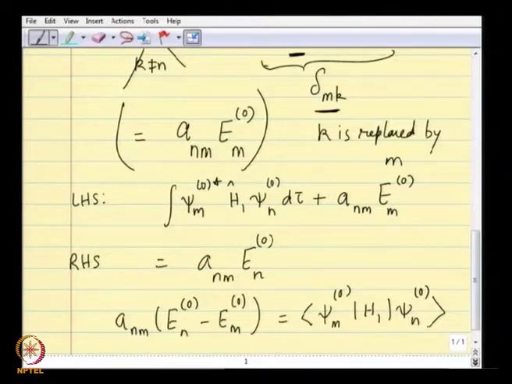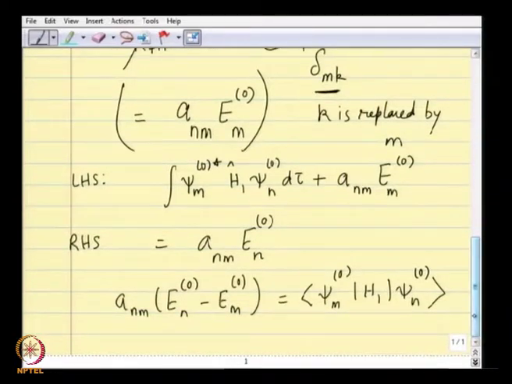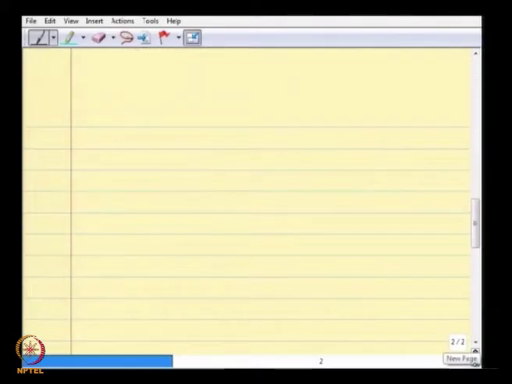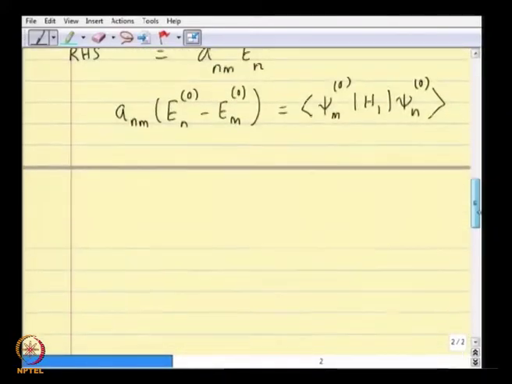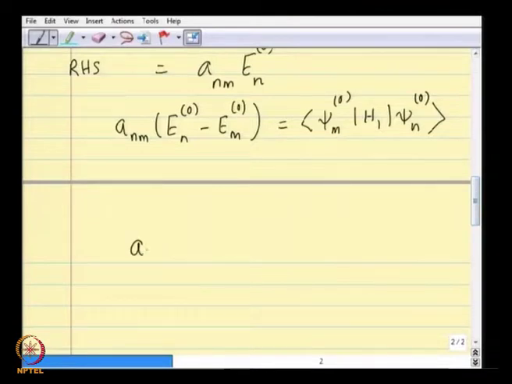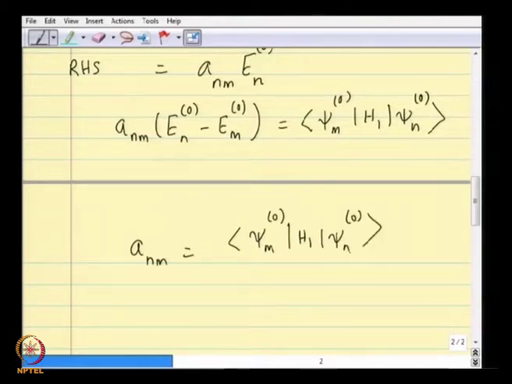Okay. So we have obtained the value for the coefficient, and of course the next step is to write explicitly a n m is equal to the integral psi m 0 h1 psi n 0 divided by e n 0 minus e m 0. Okay.